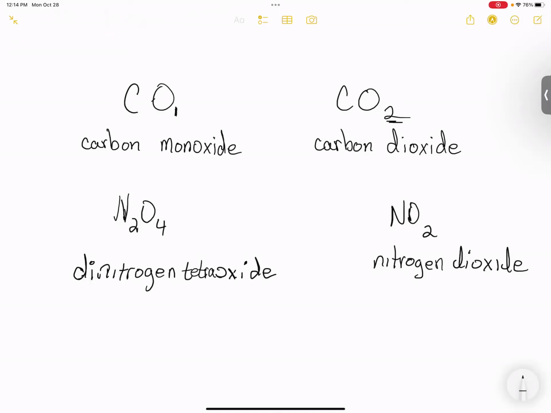We really didn't get into this idea of the same 2 elements being able to combine in multiple ways until we got to alkanes. And I'm having you learn the first 10 alkanes.